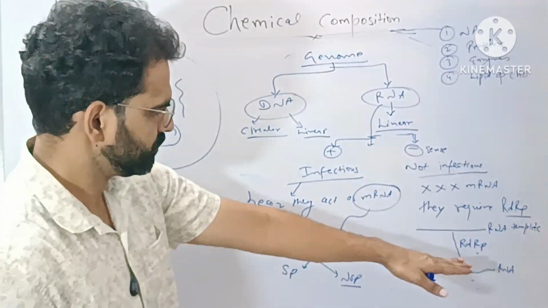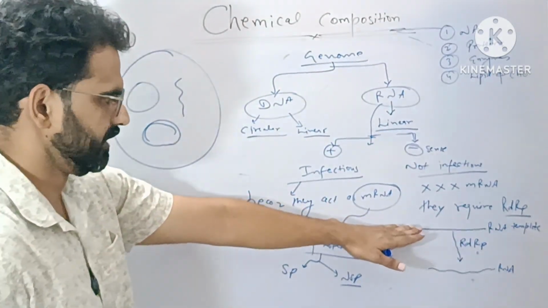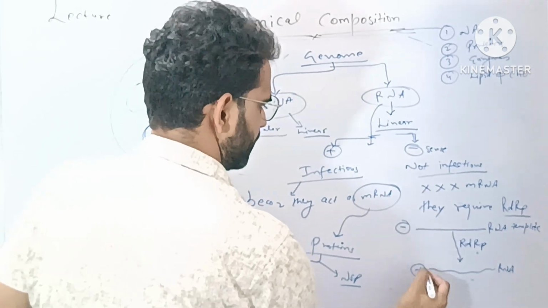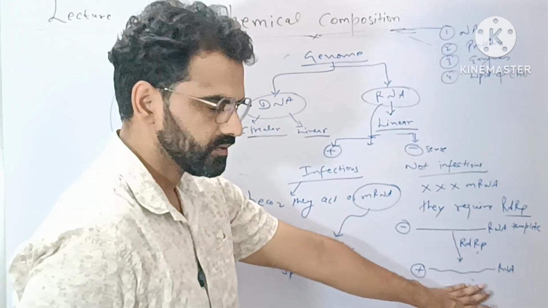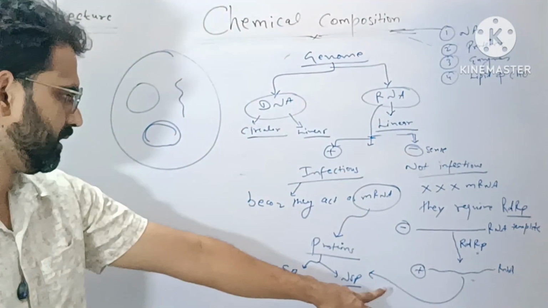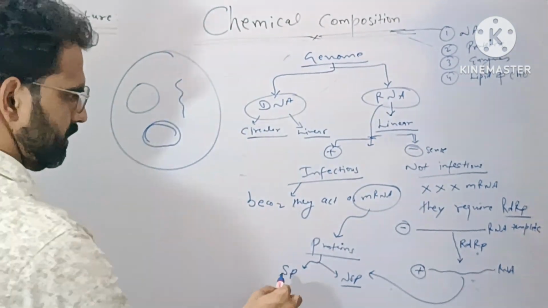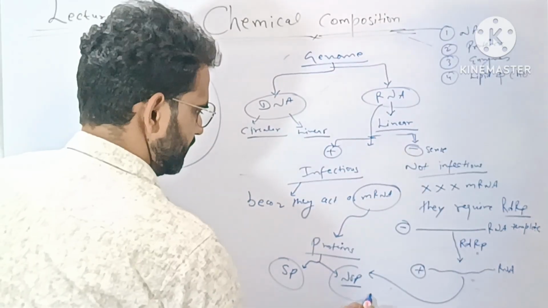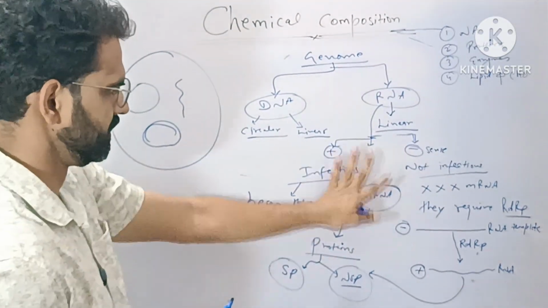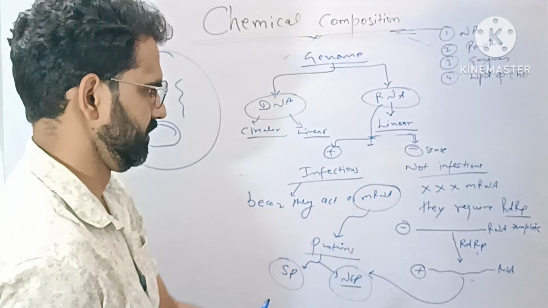So this enzyme uses RNA as a template. This is the negative sense and this is the positive sense. Now this positive RNA is able to synthesize structural protein as well as non-structural protein. So this is the difference between positive and negative sense.